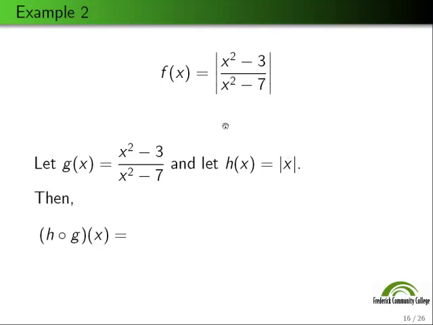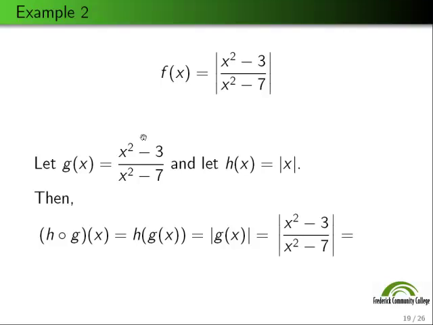So again, we want to check this in any homework or test. In this situation, the important part will be the check, showing the composition and showing that it does indeed produce f. So h composed with g of x is h of g of x, and h says whatever's inside me, take the absolute value of it. So g of x is inside of h, so we take the absolute value of g of x, but g of x equals this quotient here.